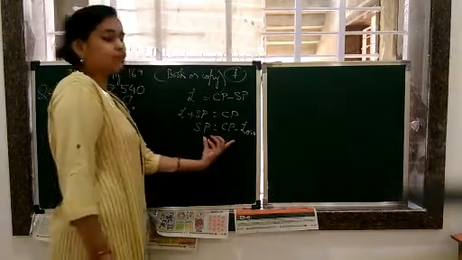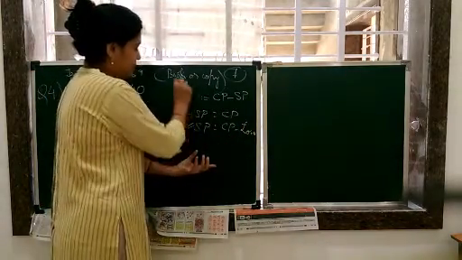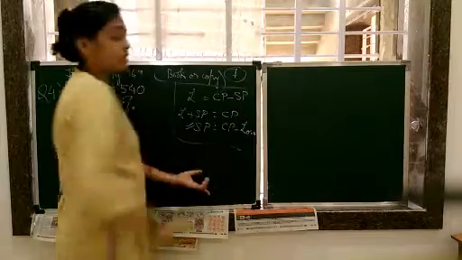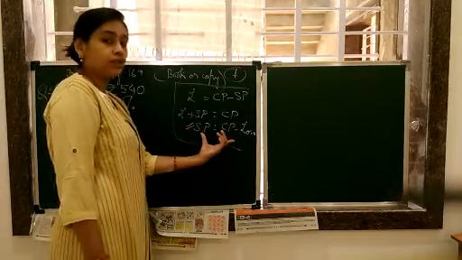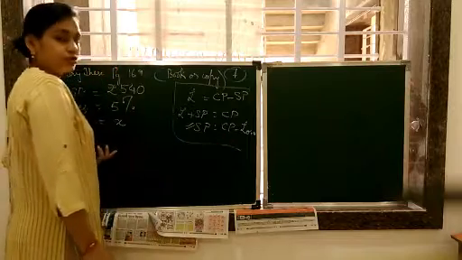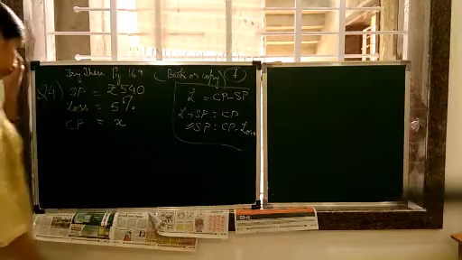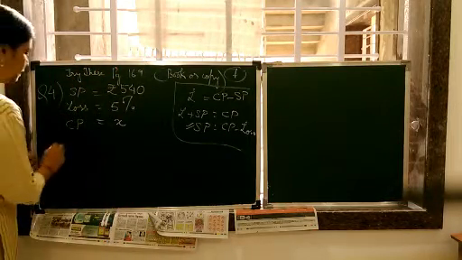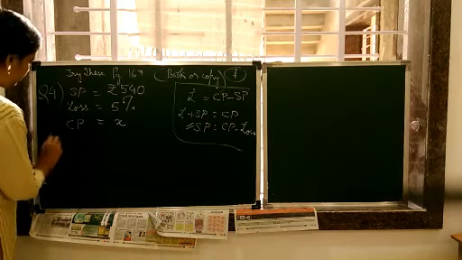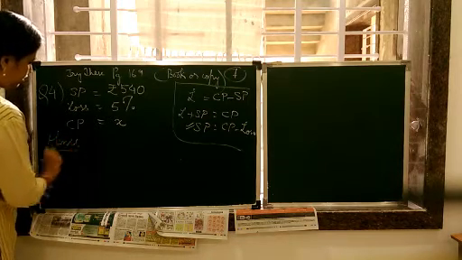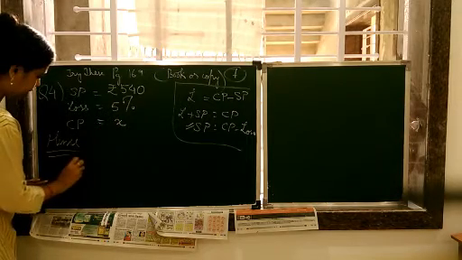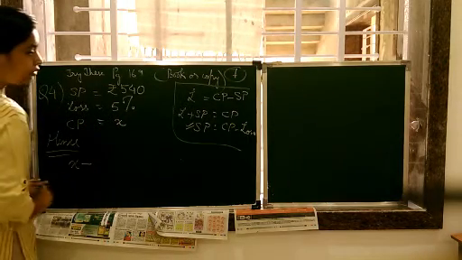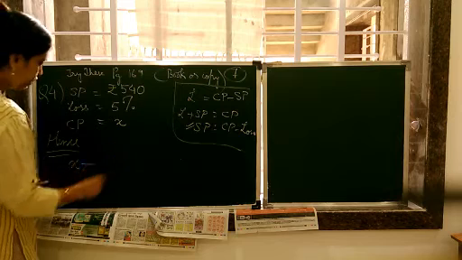Taking this formula, we do this in rough work, just as we did in the previous 3 questions. Using this formula, we are going to write here: SP is hence CP, what is CP? X, minus loss.